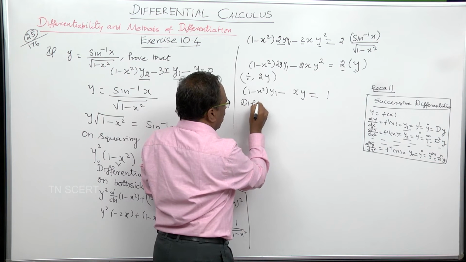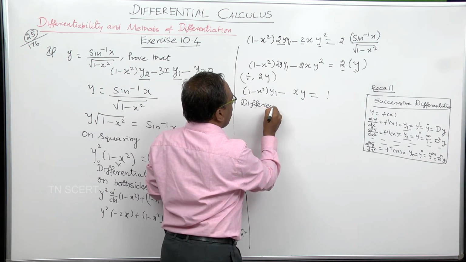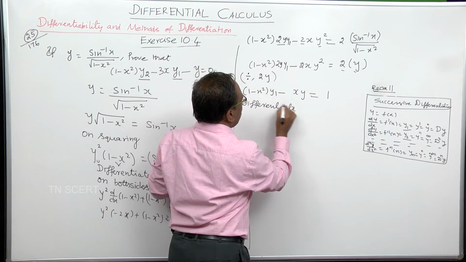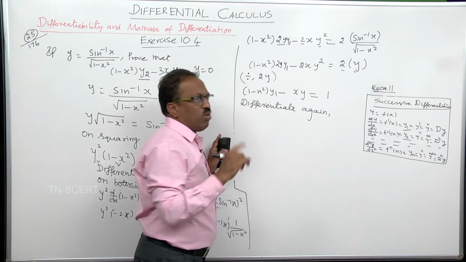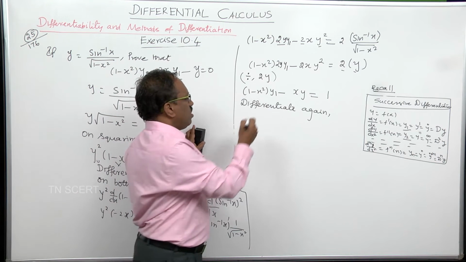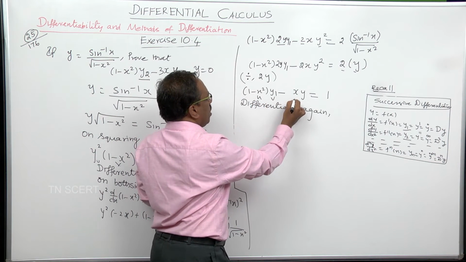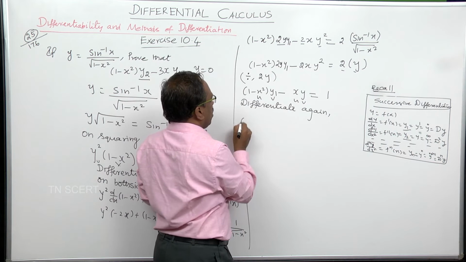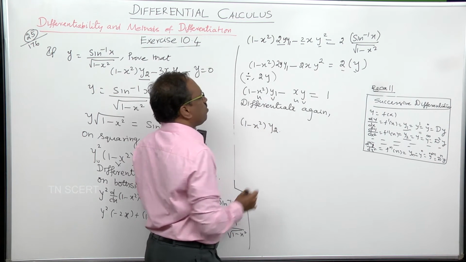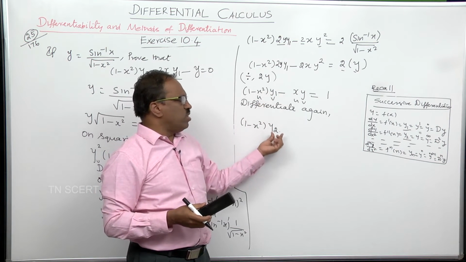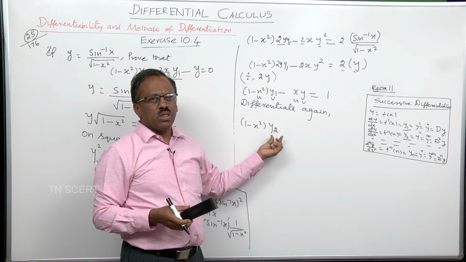Differentiate again. Once again we have to differentiate. This is u, this is v, this is u, this is v. 1 minus x square and then y2. So y1 differentiation is y2, remember that.